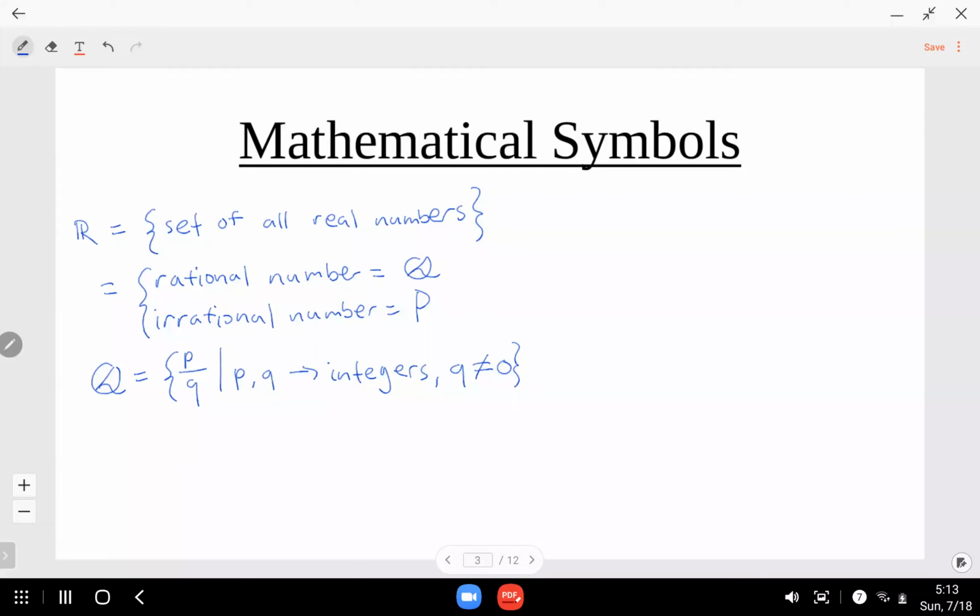Now, square root of 2, that is a never-ending decimal. So therefore, it can't be denoted in this P over Q form, where P and Q are integers. And then we also have repeating decimals, like 0.16 repeating. That's basically just 1/6, right?